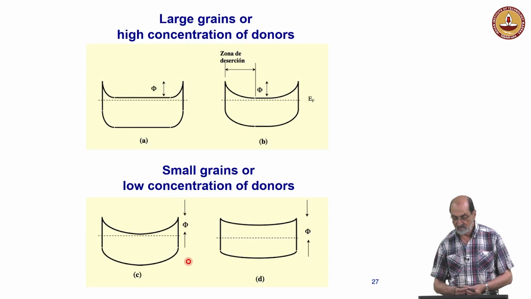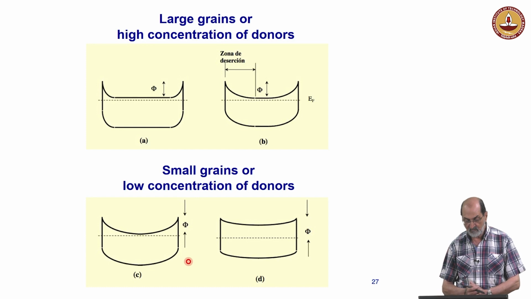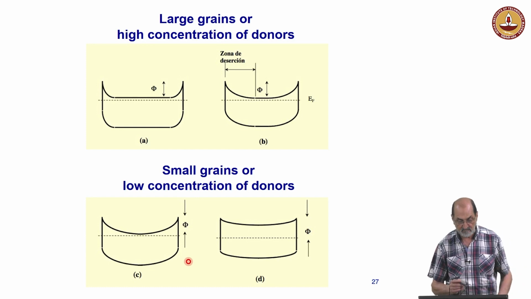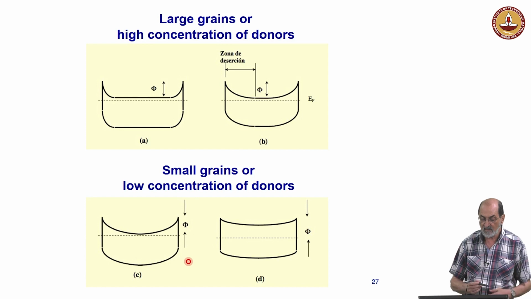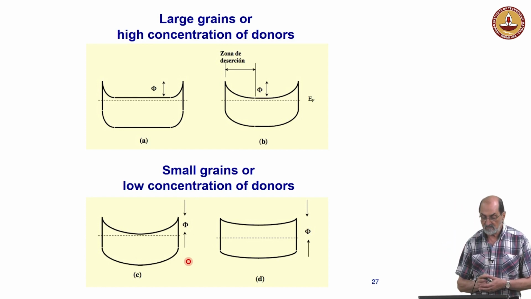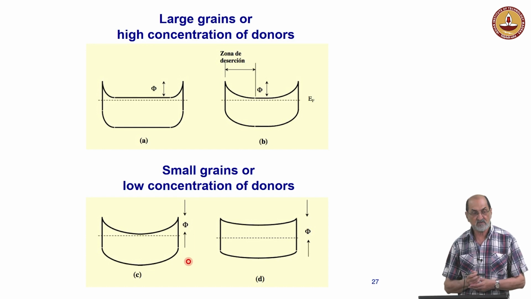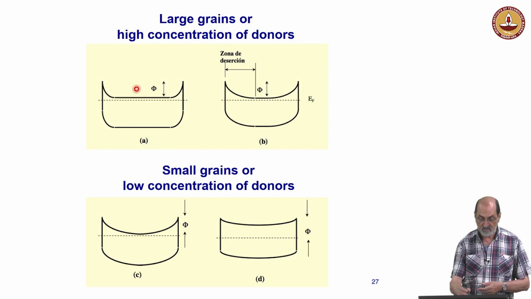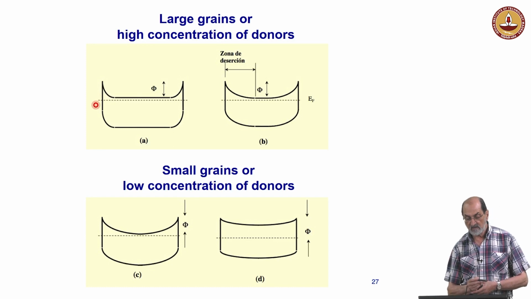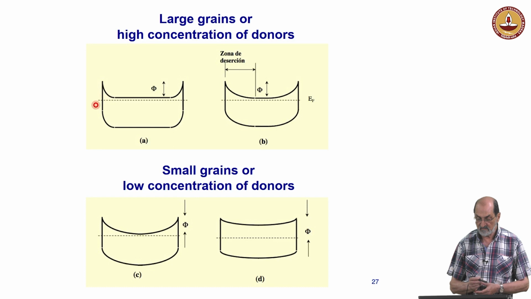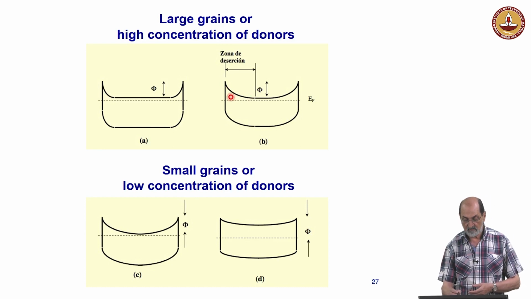So here we have a scheme of what we thought was going on. If we have large grains or a high concentration of donors, we have a central region of the grain which has a bulk character, and the barriers close to the surface. If for some reason the dopant decreases, the width of the depletion region is going to increase, but we still have some bulk properties in the central part of the grain.